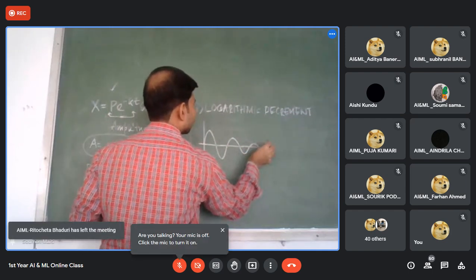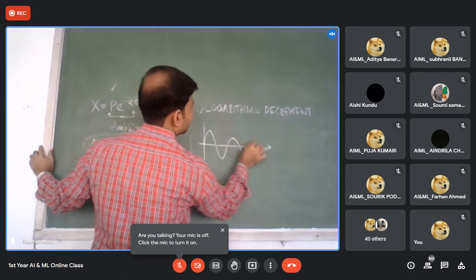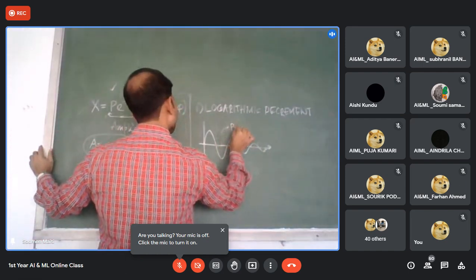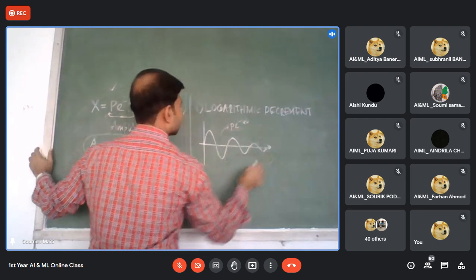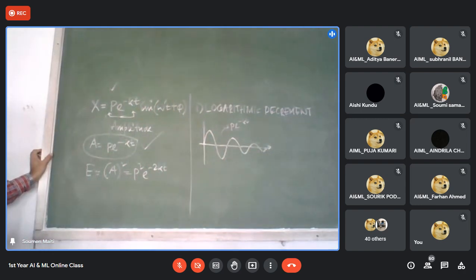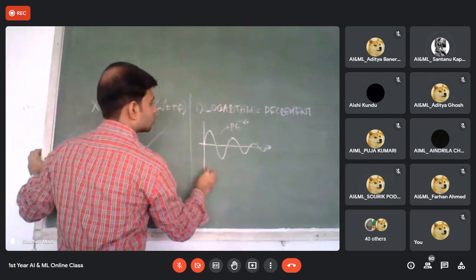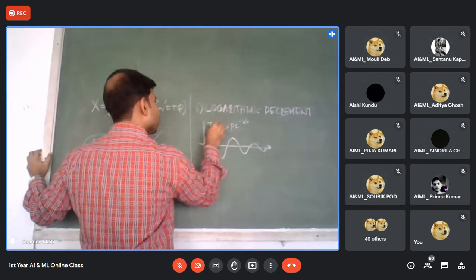We have drawn this curve on the last day. This is nothing but P e to the power minus kt, and the amplitude decays. Can you remember this from the last day? Yes, sir.